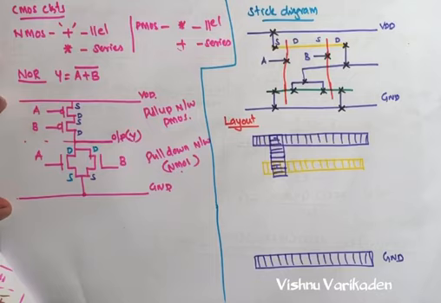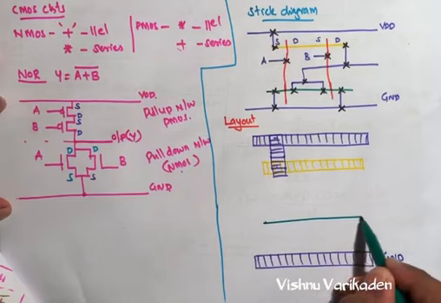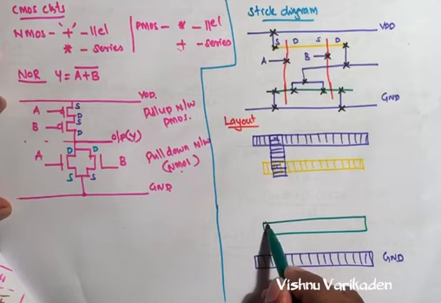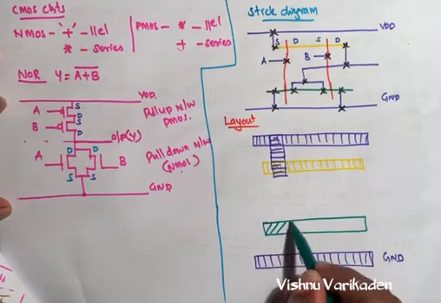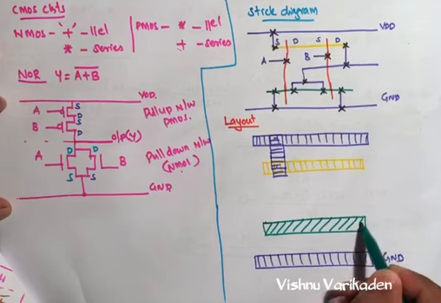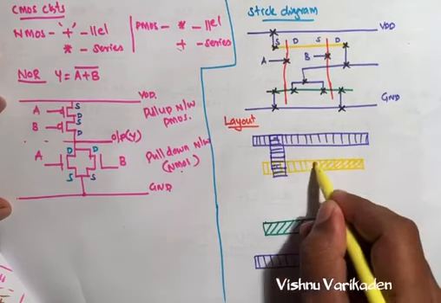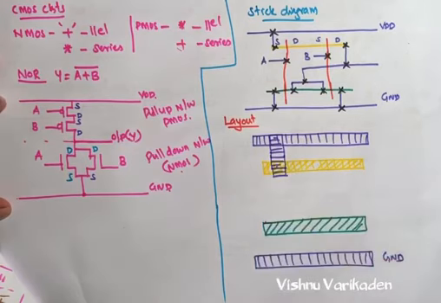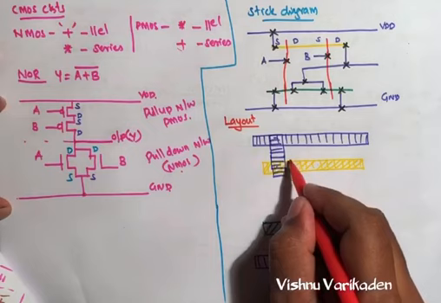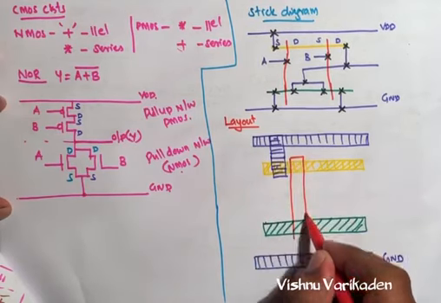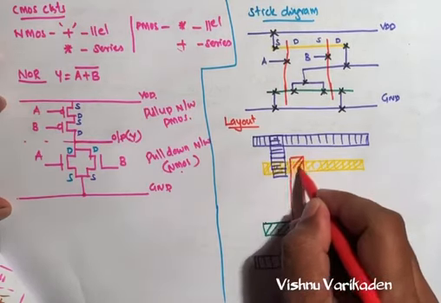Also we can make this by, say, vertical arrows. So we can make the diffusions to the polysilicon.